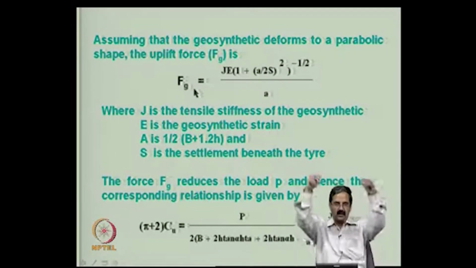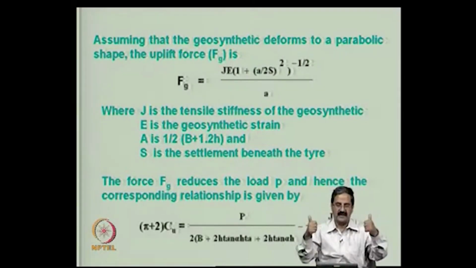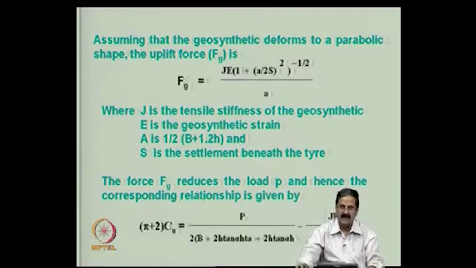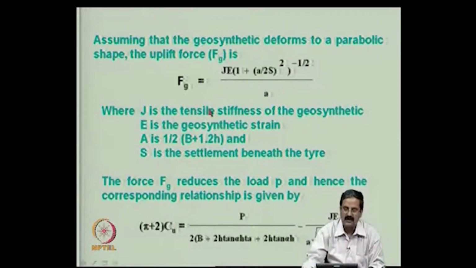The load is acting like this, the tension in the geogrid acts in this direction, and how much tension you have to calculate is in this form, the load due to that uplift force is a function of J E into (1 plus A divided by 2S square) to the power minus half, and A, where J is the tensile stiffness of the geosynthetic, E is the geosynthetic strain, actually it should be epsilon or whatever, so it is okay. A is a factor which is 1 by 2 into (B plus 2H, B plus 1.2H). S is the settlement beneath the tire.